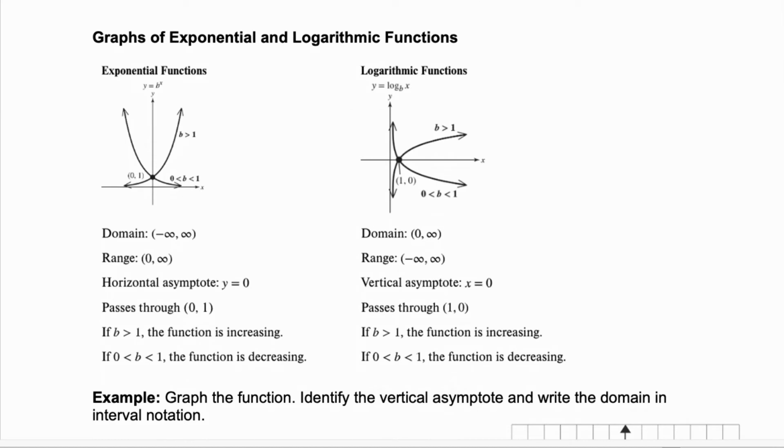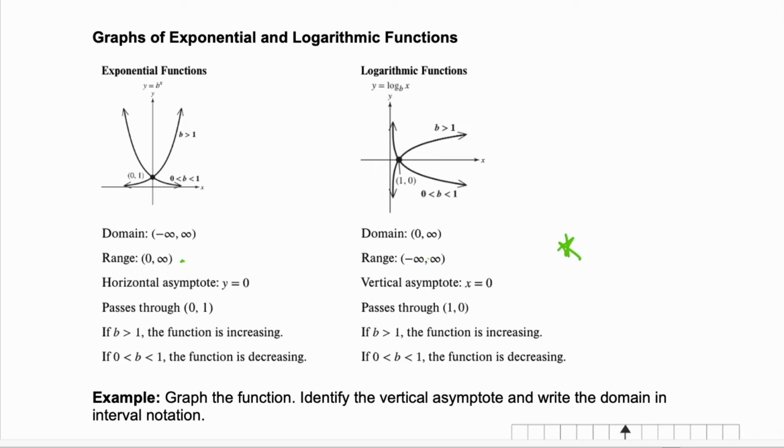Now here's a quick overview of the graphs of exponential functions and the graphs of logarithmic functions, so you can see how they are inverses of each other. We're going to concentrate on the right here, these graphs of logarithmic functions. Notice that the domain of a logarithmic function is the same as the range of an exponential function, and it's from 0 to infinity.